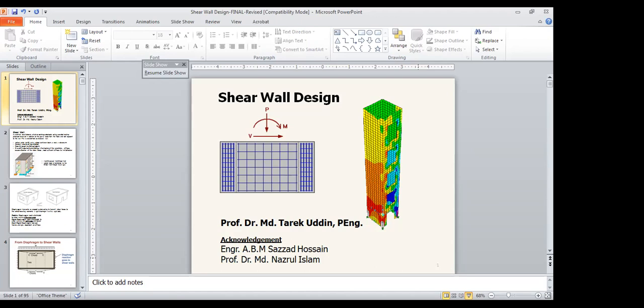Shear wall is a wall-like structural element. I think you are already familiar with it.